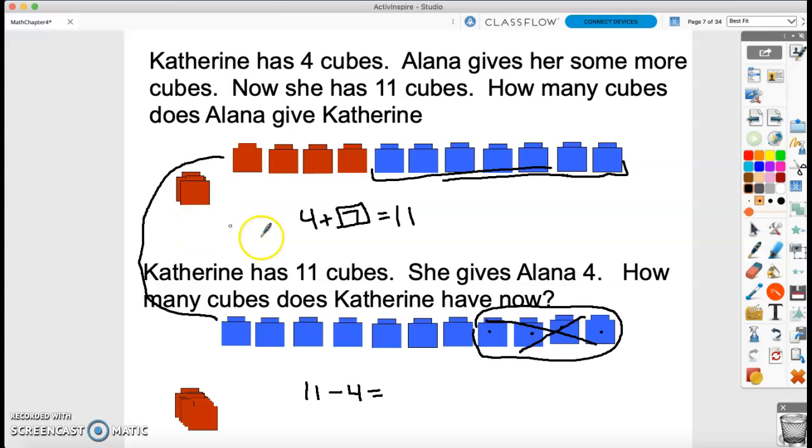So when I look at it, I know we had 11 and we took off 4. Well, if I have 4, what's my other number right here? 7. So let's check that out. 1, 2, 3, 4, 5, 6, 7. So our answer is 7.